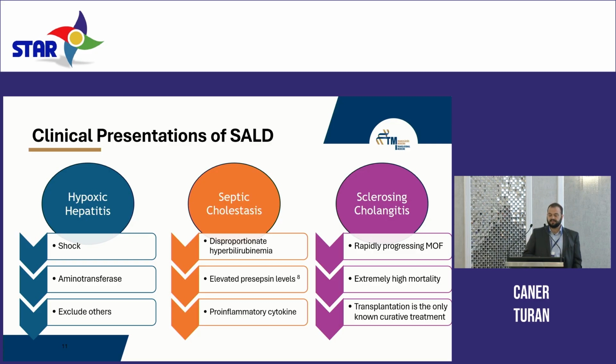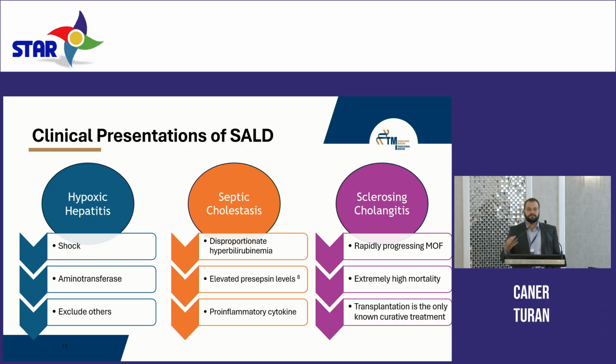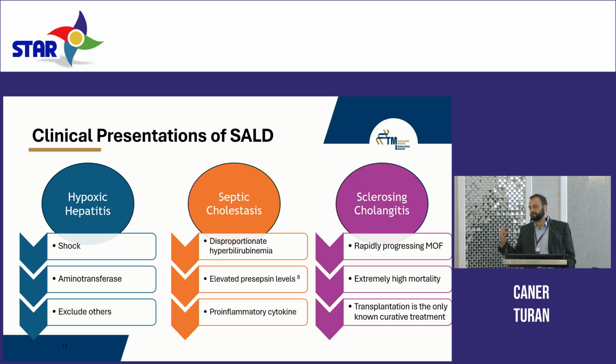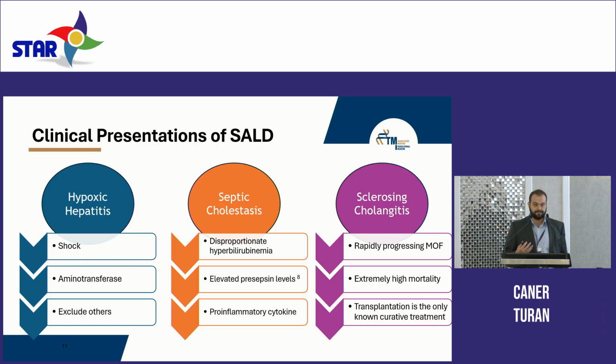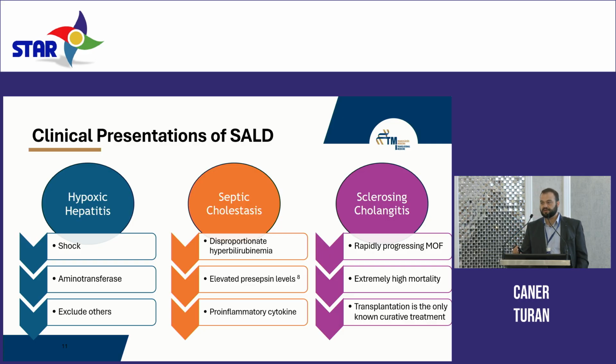Then in septic cholestasis, we will see in the labs a disproportionate hyperbilirubinemia, which means the bilirubin is dynamically increasing in an exaggerated manner that is not paralleled by other liver function enzymes. Novel research shows that presepsin, a promising biomarker for the development of sepsis, is incrementally elevated in septic cholestasis patients, as are pro-inflammatory cytokines like TNF and interleukins.